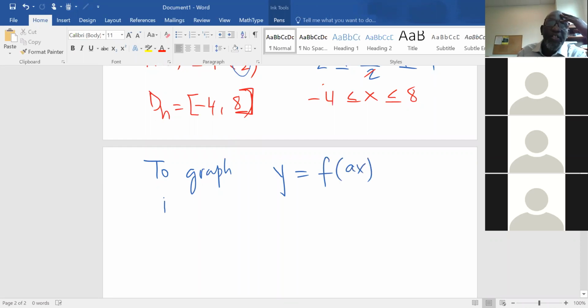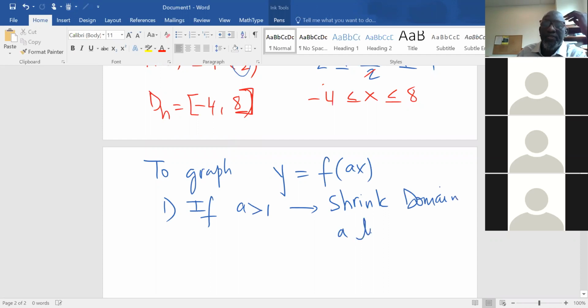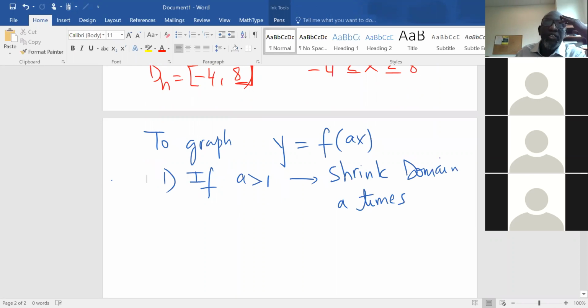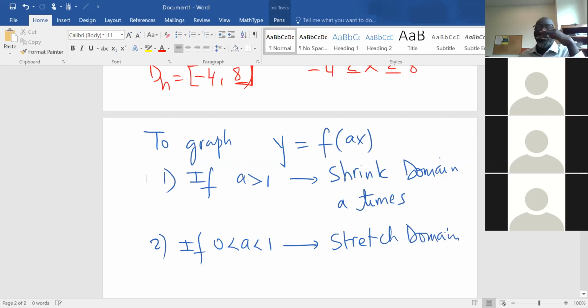First, if a is bigger than 1, shrink the domain a times. If a is less than 1, if a is a fraction, then we stretch the domain. All right.